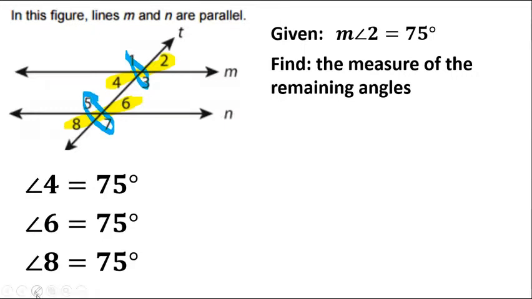So the way you find those is you just take 180 and you subtract whatever angle we had here. So it's 75. So 180 minus 75 is going to give us 105.